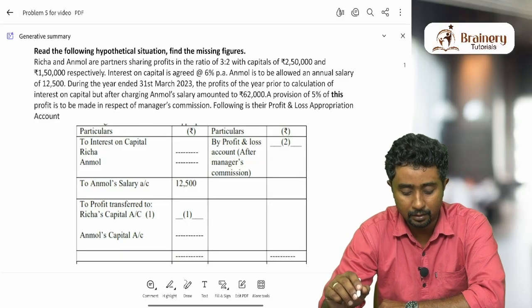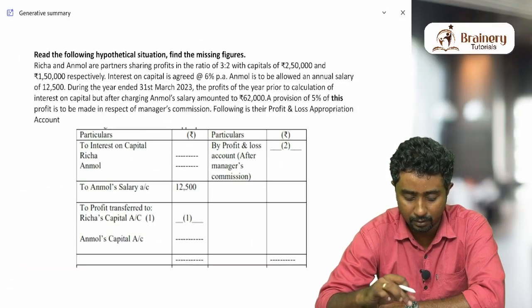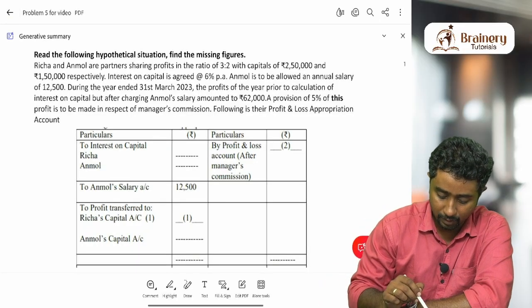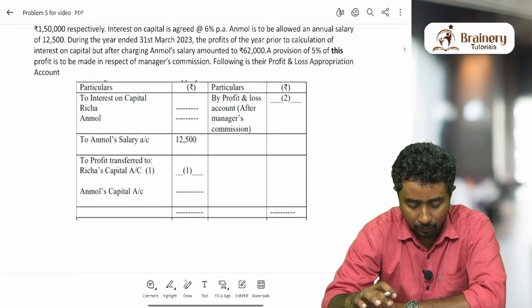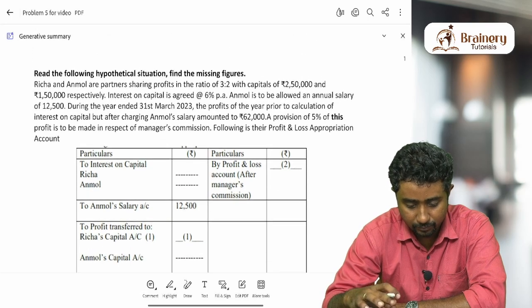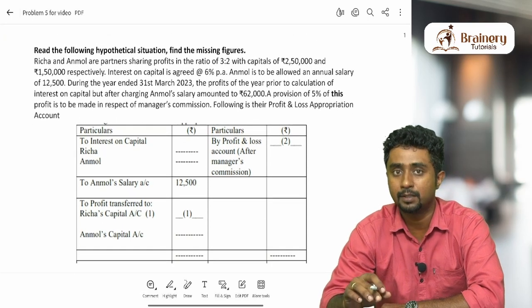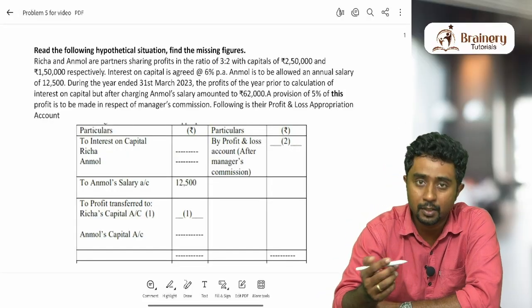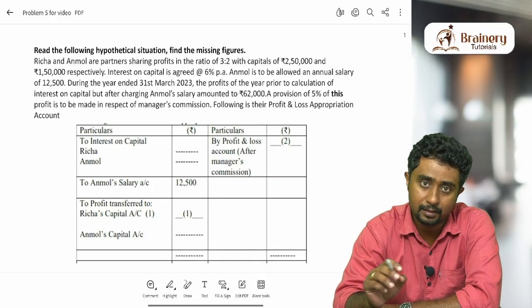Following is the profit and loss appropriation account. One profit and loss appropriation account is given, which is actually not complete. Only one amount is given here; as you can see, 12,500 is the only figure mentioned. Now, the question was to find the missing figures. Actually, they will give such a profit and loss appropriation account and ask you to attend one or two questions that follow.